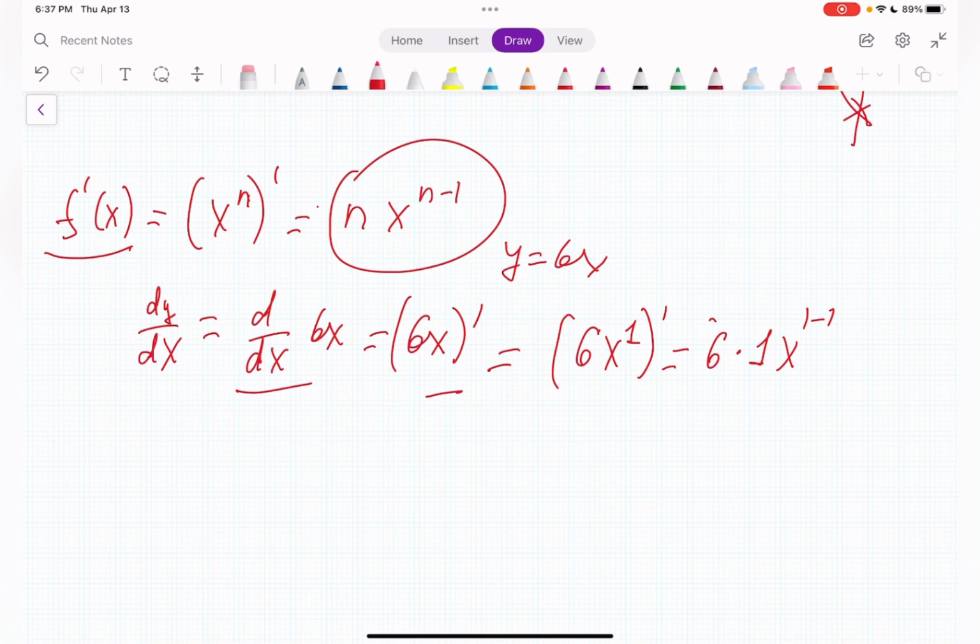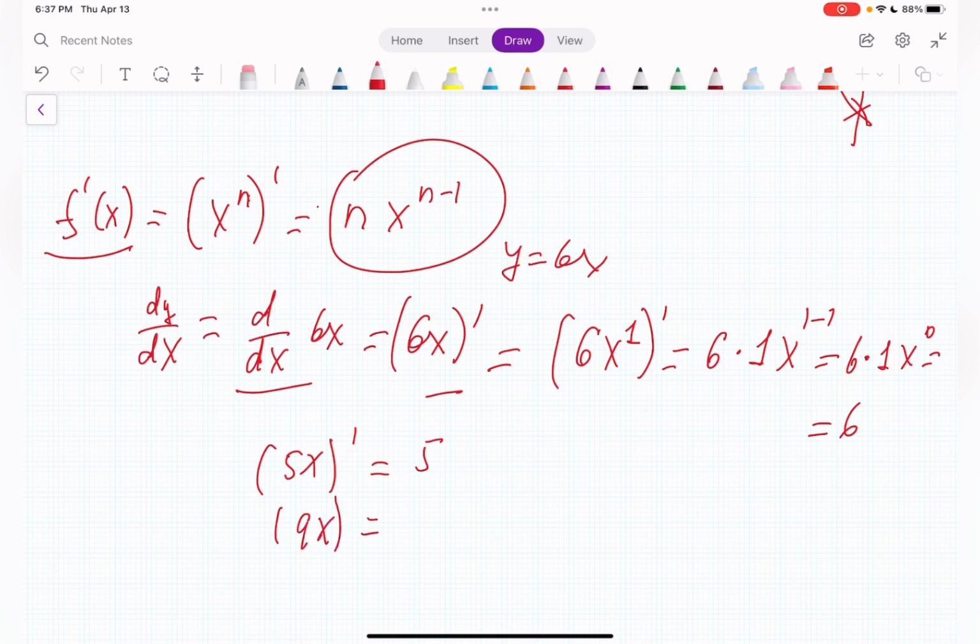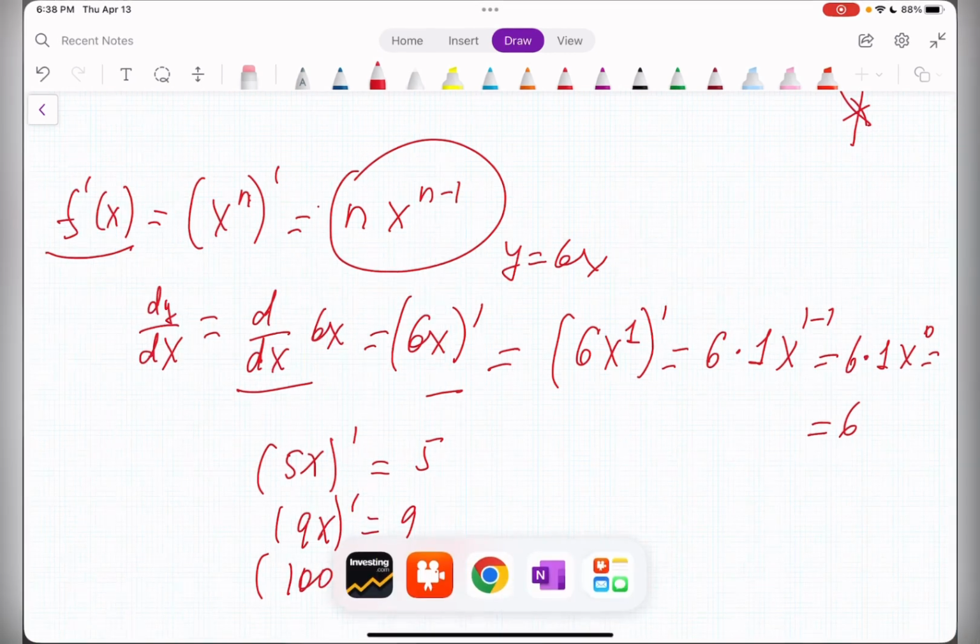So what do we get? 6 times 1 times x to the power 0, which is equal to 6. So derivative of 5x is 5, derivative of 9x is 9, derivative of 100x is 100. Okay, 6x is going to be 6.